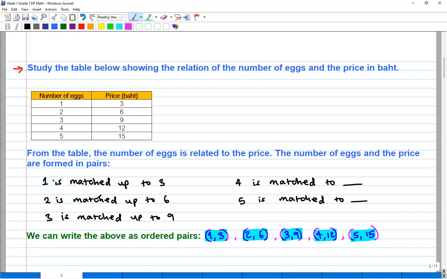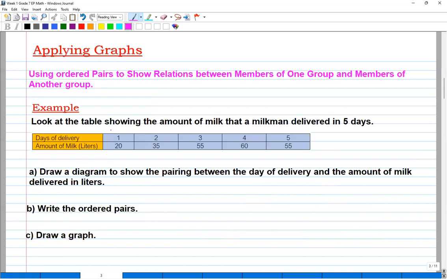Okay, now we are going to see how to use ordered pairs to show the relations between members of one group and members of another group. So we can say that this is group 1 and this is group 2.